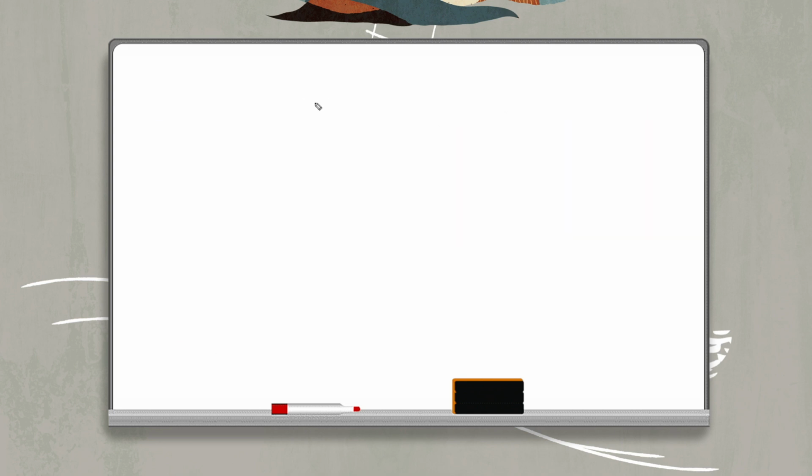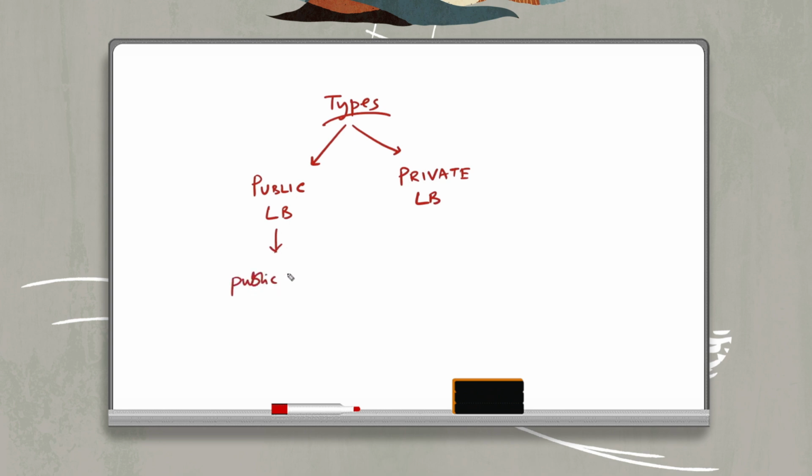So now let's discuss the types of load balancers. And we have separate lessons coming up on these types. But just to quickly explain, there are 2 types of load balancers. The first one is the public load balancer, and then we have private load balancers. As the name suggests, a public load balancer is going to have a public IP, and it will be reachable from the internet.